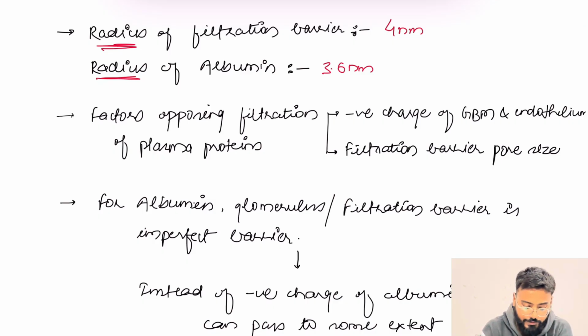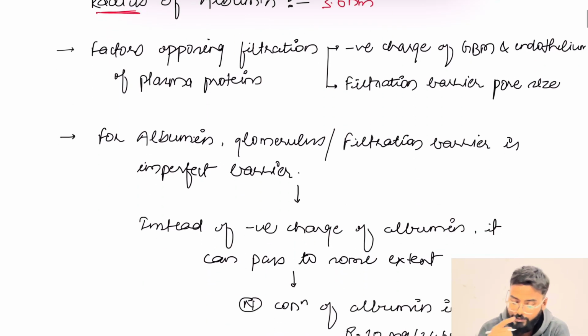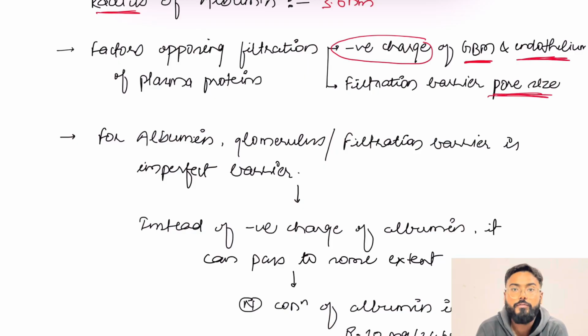Now again, we see the factors that are going to oppose filtration of plasma proteins. Plasma contains so many kinds of proteins, and what are the factors that oppose these proteins from passing into the filtrate and then into the urine? These are the negative charge of the basement membrane and endothelium, and the pore size of your filtration barrier.